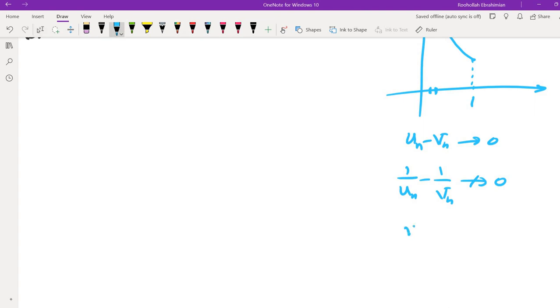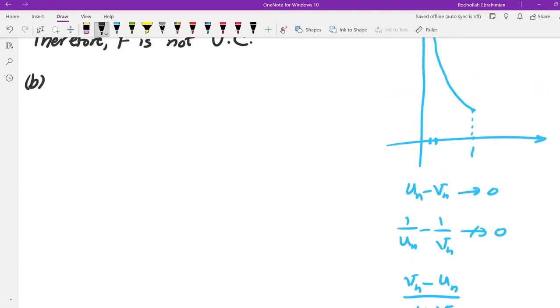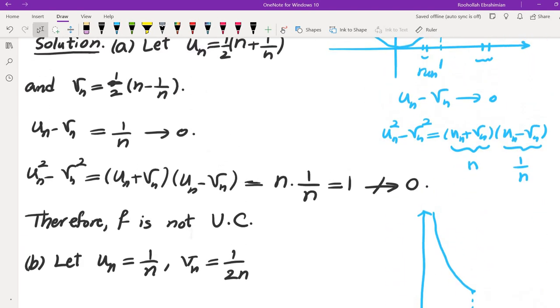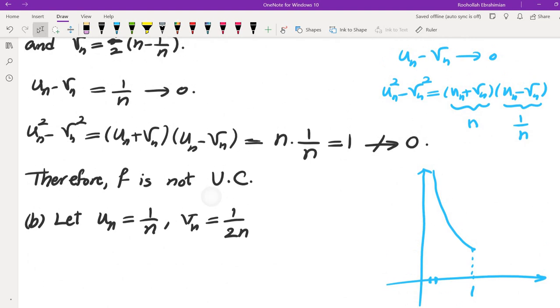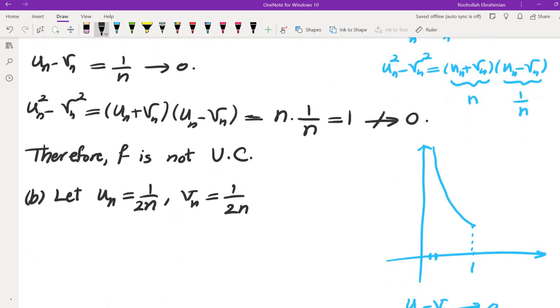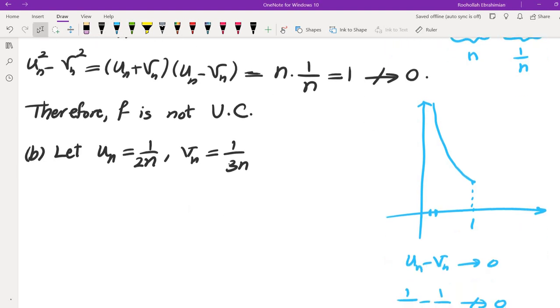So if you simplify this, you get vn minus un over un times vn. We can make sure un and vn are roughly 1 over n. So let's say let un be 1 over n and vn be 1 over 2n. Although since I want to make sure that the entire sequence is within the open interval 0 to 1, I probably have to start from 1 over 2n and 1 over 3n, just to make sure 1 over 1 doesn't appear in the sequence.